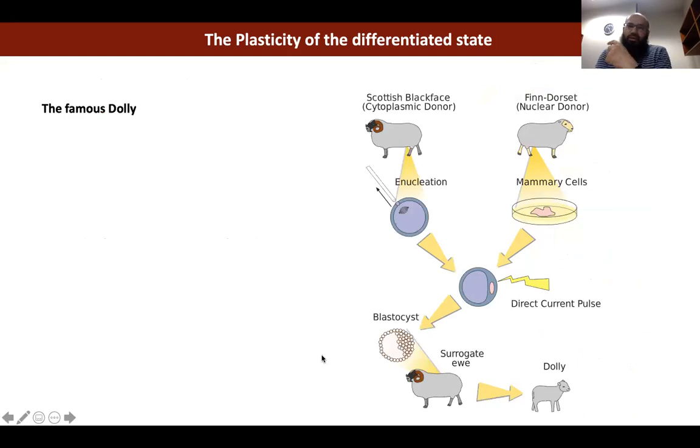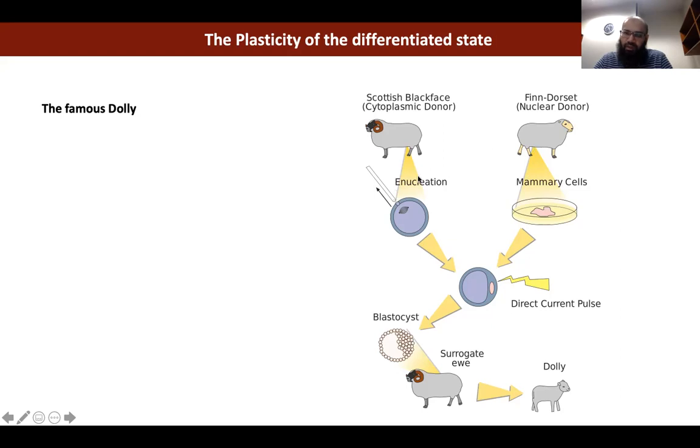You all must have heard about this famous sheep called Dolly. This organism was also a result of a cloning procedure. What scientists did was, they took cells from two different sheep.